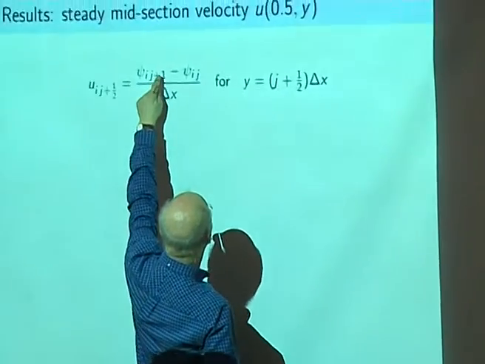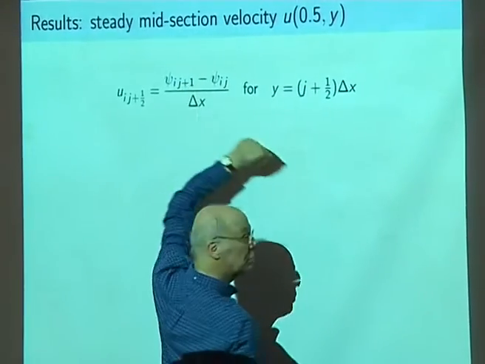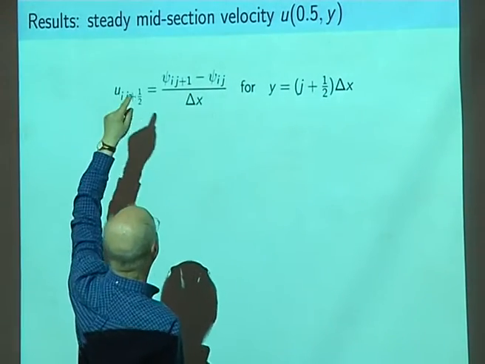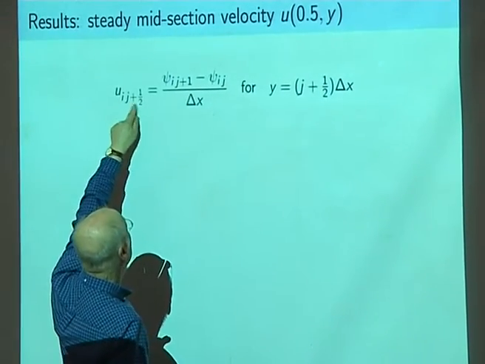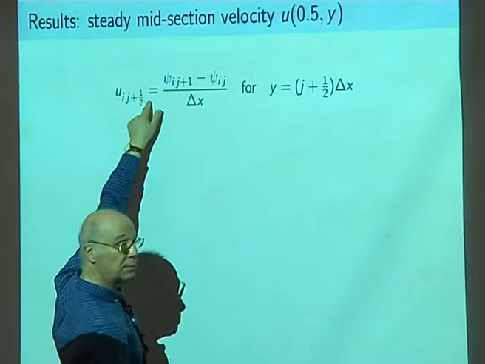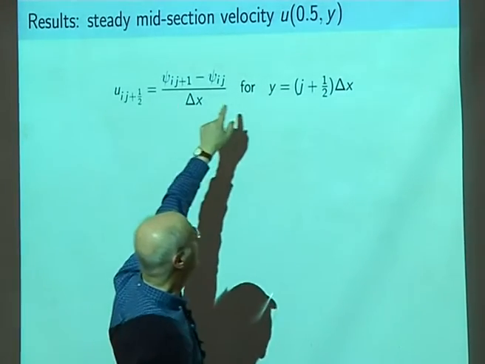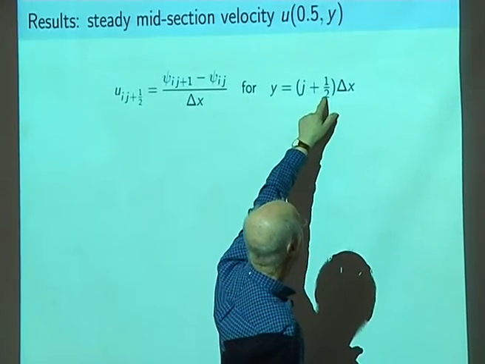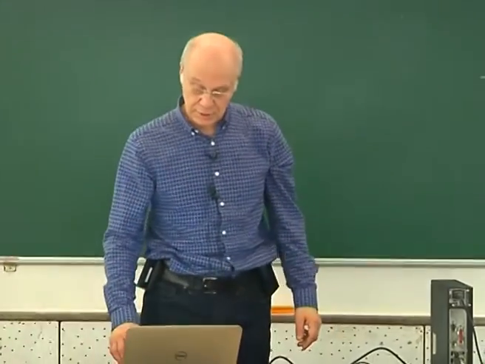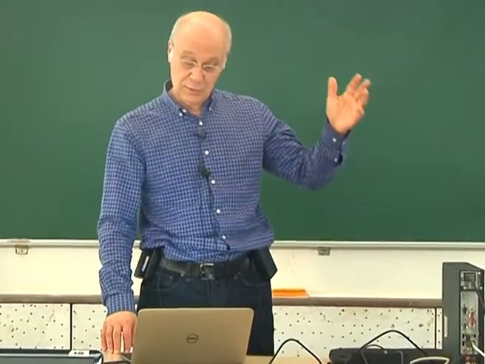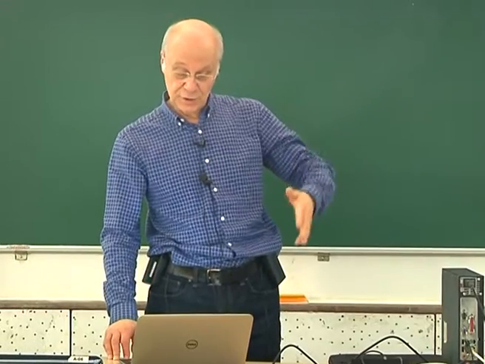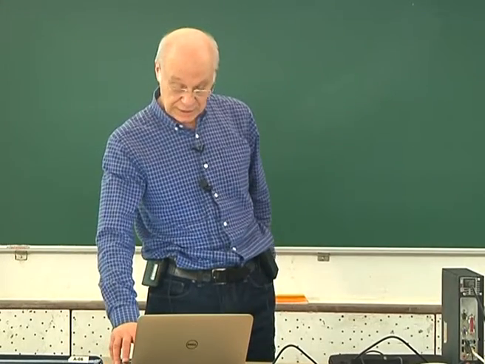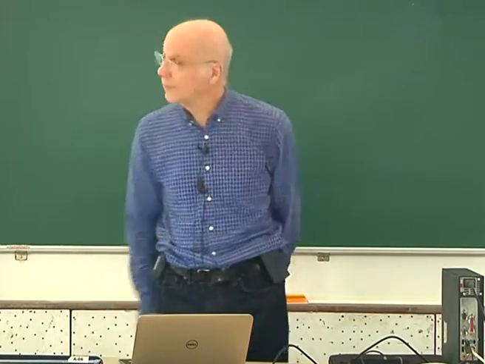So I've got the stream function at j and at j plus 1. So central differencing, I get the horizontal velocity at j plus a half, the midpoint. So that's at y equals j plus a half times delta x. So I'm going to plot on i equals the middle point, and as a function of j plus a half, what is that difference?